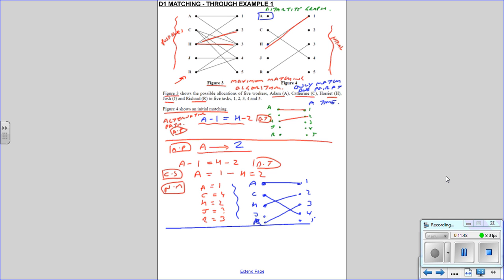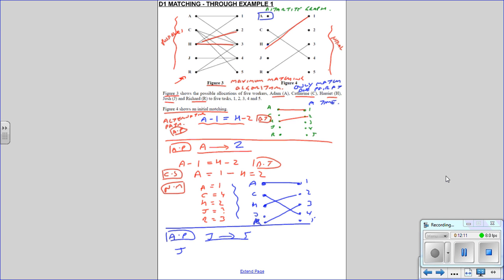So I want to complete my matching this time, so alternating path. This time I want J to go to something, so I'm not saying J is going to 5, but I'm saying J is the unmatched node and 5 is the unmatched node. And now we're going to go for our alternating path. So our alternating path, let's go for it.